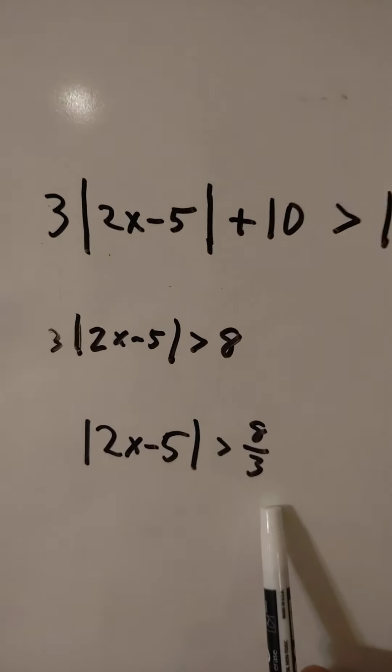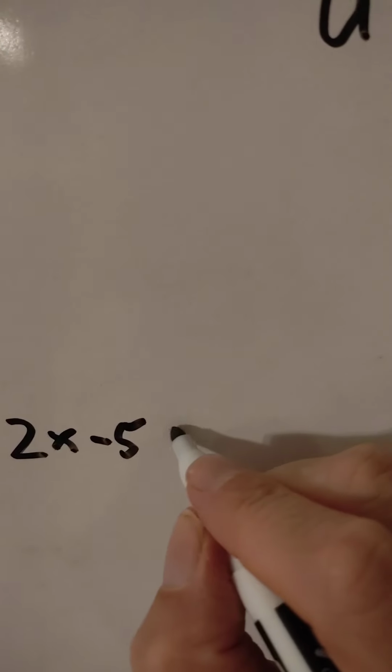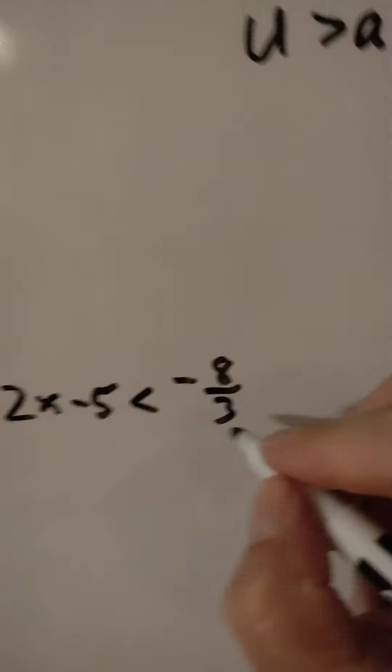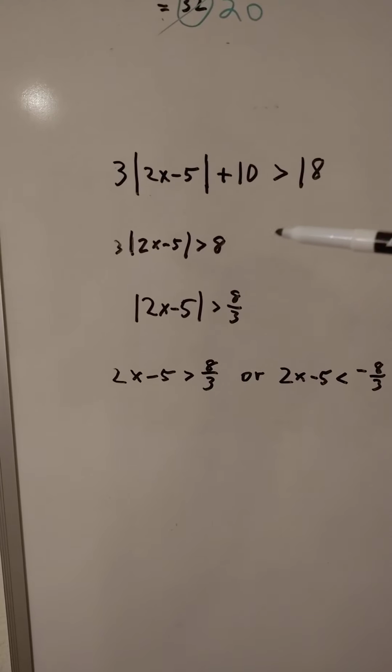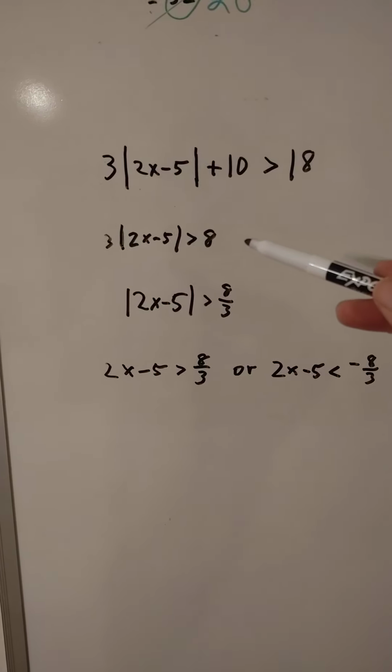Or, and then I write without the bars, 2x minus 5, and then I flip this sign to less than and multiply that number by -1. So I've got that for the other one. Let me step back so you can see all the steps in order here. So here's the original problem. Step 1 was to subtract 10 from both sides, which gave us this.